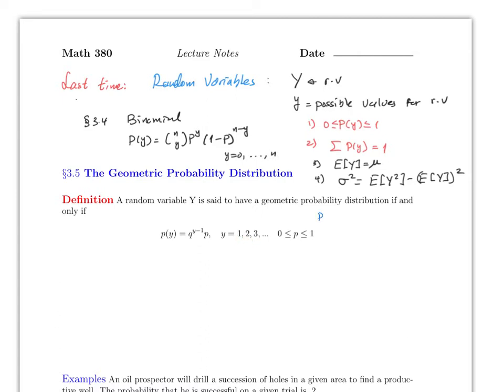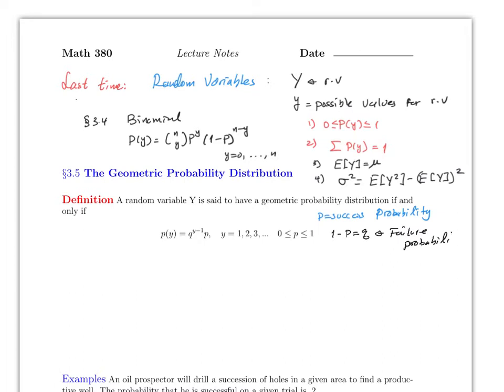Here, p is the success probability, similar to the binomial. Therefore, 1 minus p is technically q, and this is the failure probability.